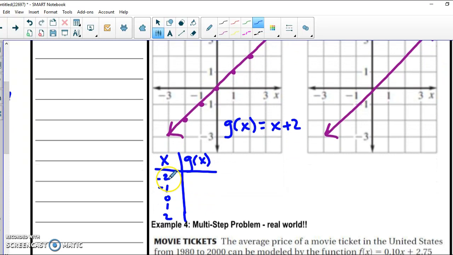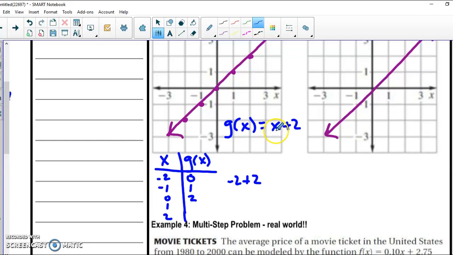So if I'm substituting -2 in for x, then -2 plus 2 is 0. Now I'm going to substitute -1 in for x. -1 plus 2 is +1. Next, I'll substitute 0 in for x. So g of 0 equals 0 plus 2, which is 2.